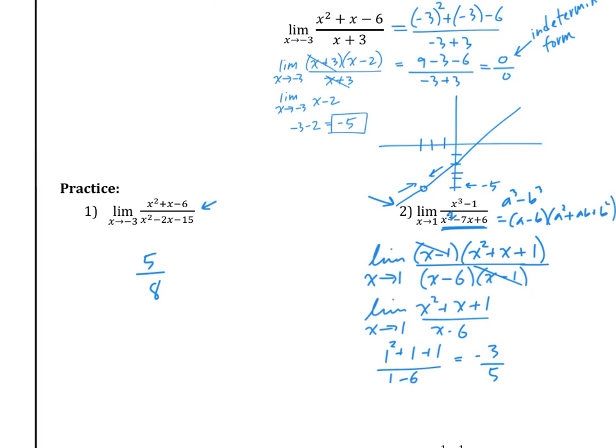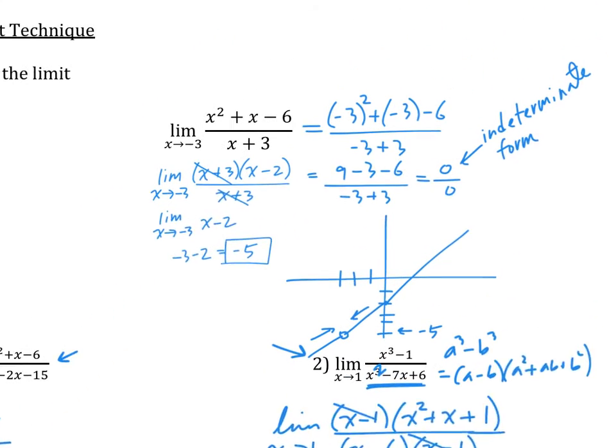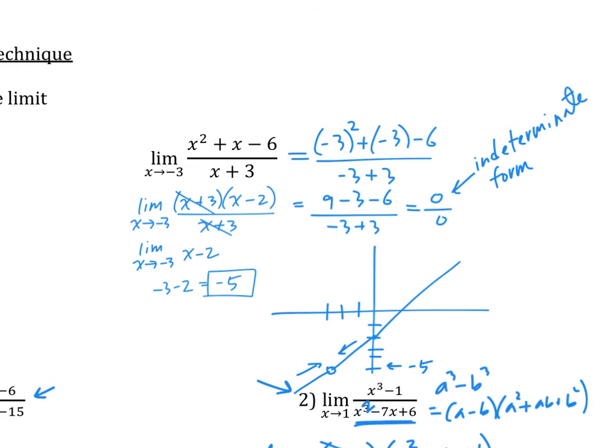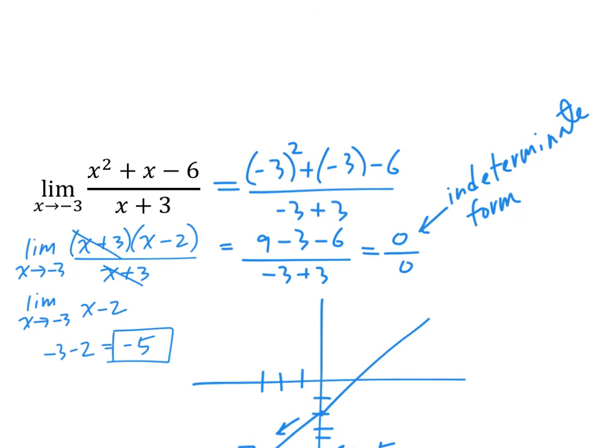One thing before we keep going: if you plug in a number and you get this, and you do write an equal sign, you have to write indeterminate form. We can never have a limit equal to 0 over 0 because 0 over 0 doesn't make any sense. It's not an actual limit. A limit has to be an actual number, and this is not a number.